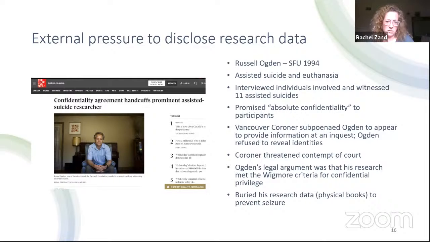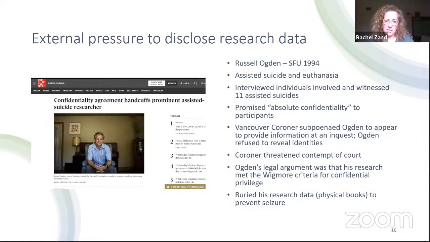So he had promised absolute confidentiality to all of his participants. The second is that this element of confidentiality must be essential to the maintenance of the relationship between the parties. And so he described that this was essential in order for him to conduct the research. The third is that the relationship must be one which the community ought to foster.